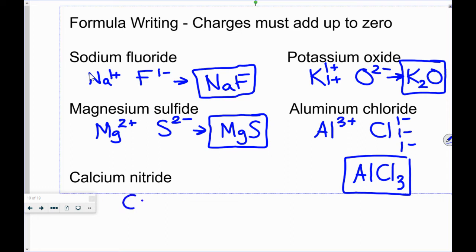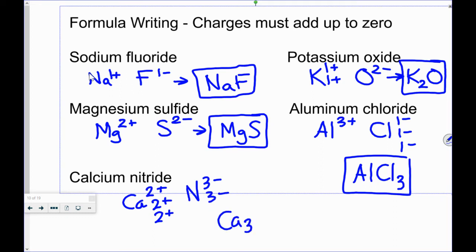For those who like math, this is as hard as it gets. Calcium is 2 plus. Nitride is nitrogen, and it's 3 minus. What do 2 and 3 go into? They both go into 6. So to get plus 6, remember we multiply. We would need 3 Cas.